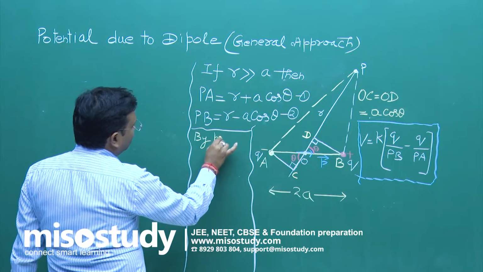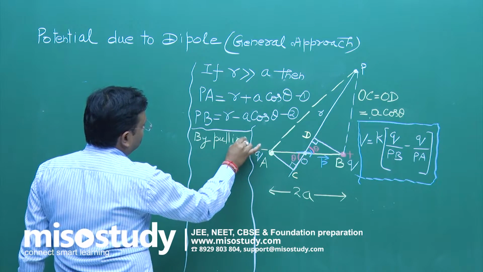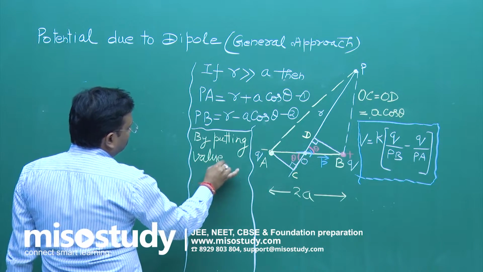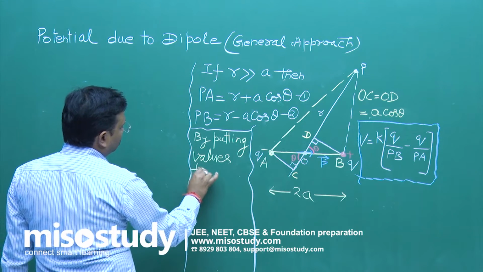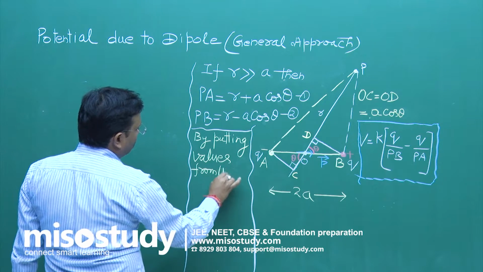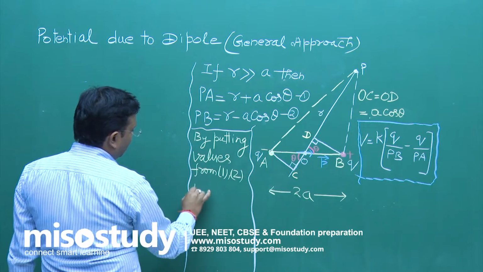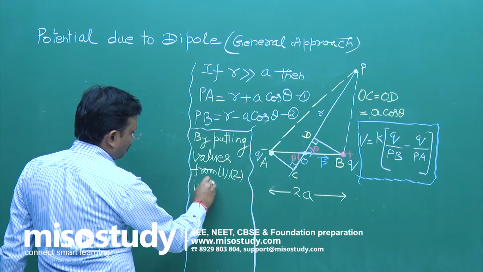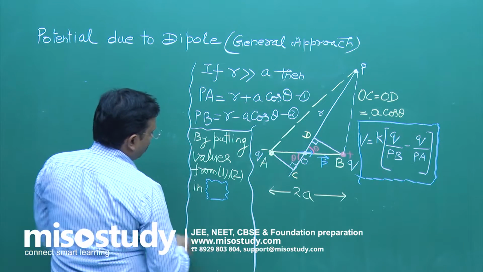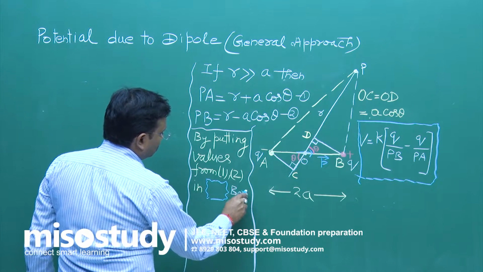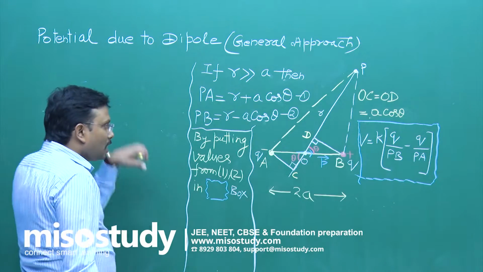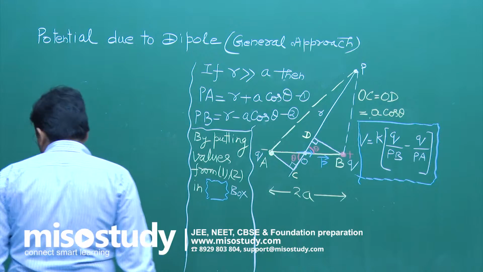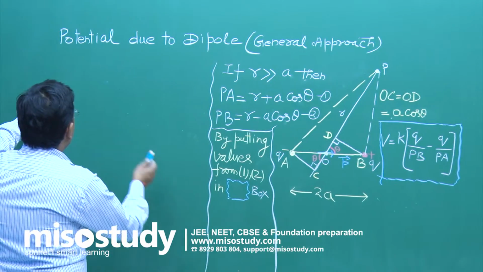By putting values from 1 and 2 in this box. Fine, I hope it is now clear. So how exactly can you put the values? Just let me write down over here.